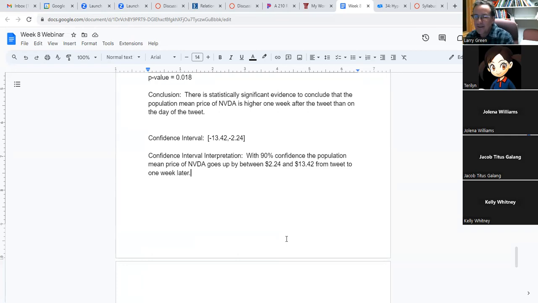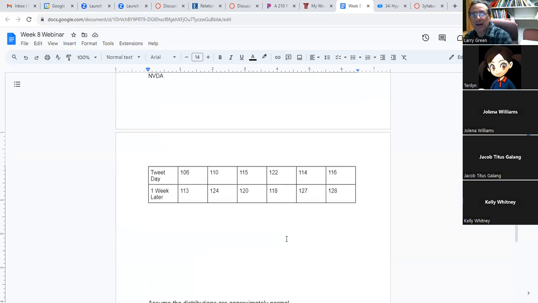So things that you should always pay attention to at this point, by the way. One is, what was the survey question? Like in this example, the survey question was, what was the stock price? And we could see 106 or 113, 110, 124. So those are numbers. That means we're not talking proportions, we're talking means. And then you should think about how many groups or how many survey questions there were.